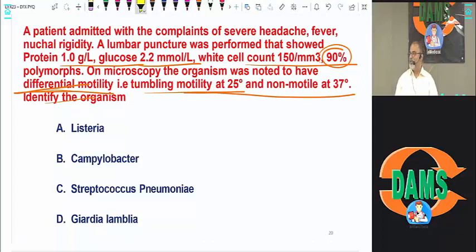That's all. If you know tumbling motility, Listeria, game over. Darting motility? Vibrio, or Campylobacter. Okay. Tumbling, Listeria. Corkscrew, spirochete. Lashing, Borrelia. Just go through the different types of motilities.